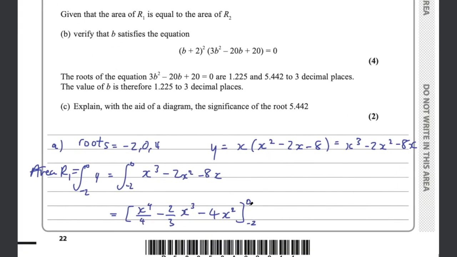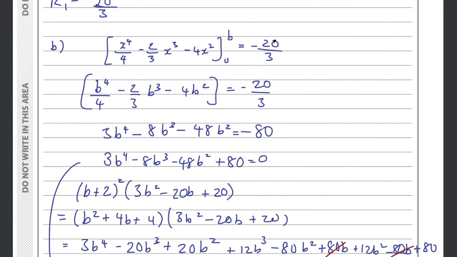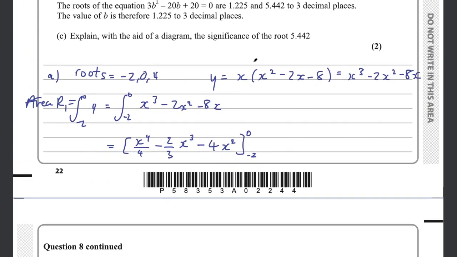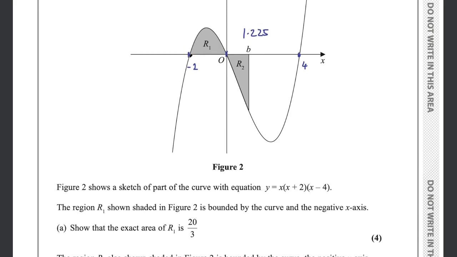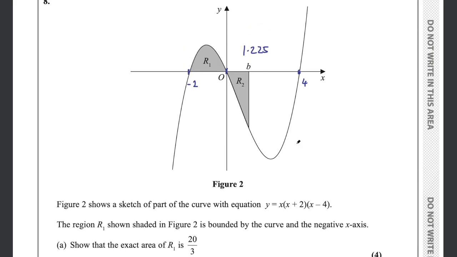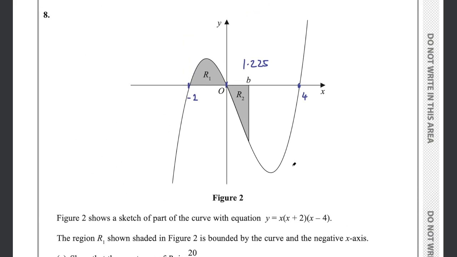Remember what we were trying to solve here. We were trying to solve this integral when it equals the area of 20/3, or −20/3. So the values of b are when this area, or this integral, is equal to −20/3. So if we get another value for b of 5.442, that's an x value out here somewhere.